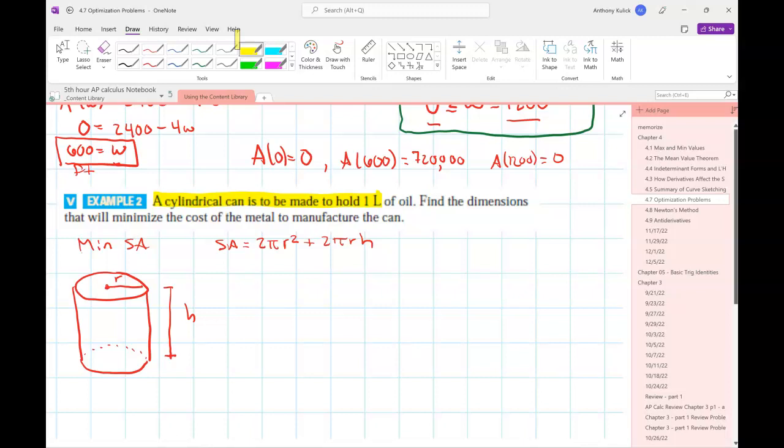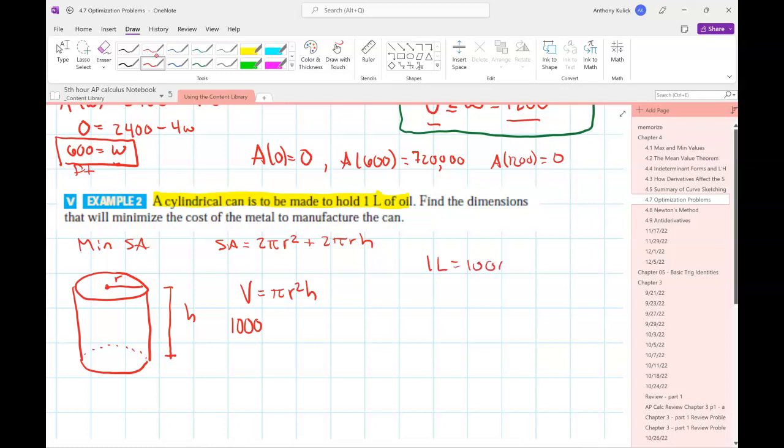The can needs to hold 1 liter of oil. What is it describing there? What measurement is it describing? The volume. So the volume of my cylinder, pi r squared h, needs to equal 1 liter, which is the same thing as 1,000 centimeters cubed.